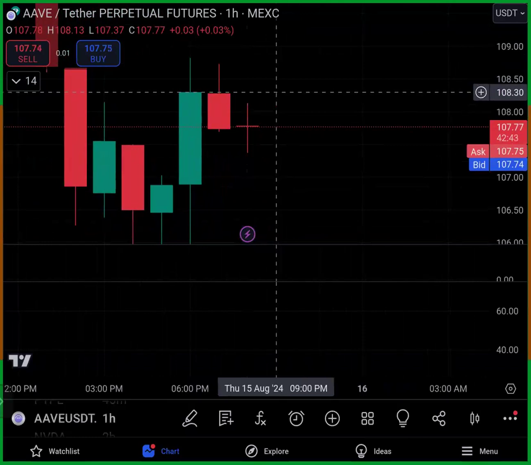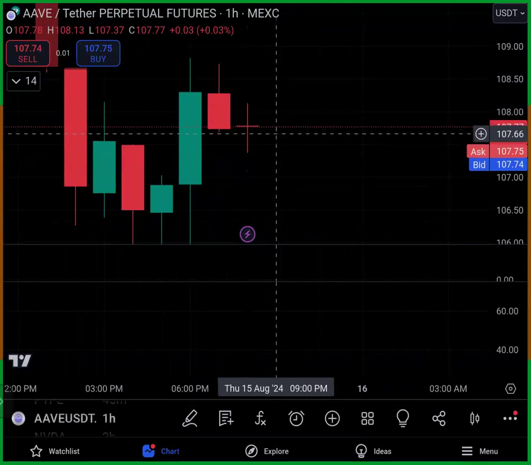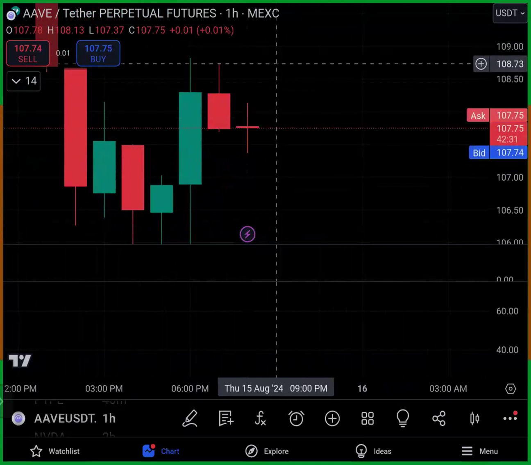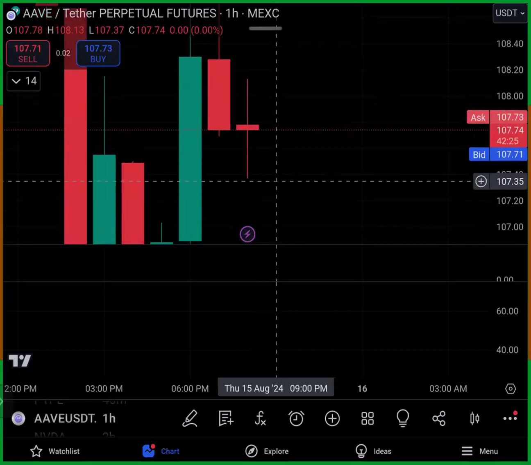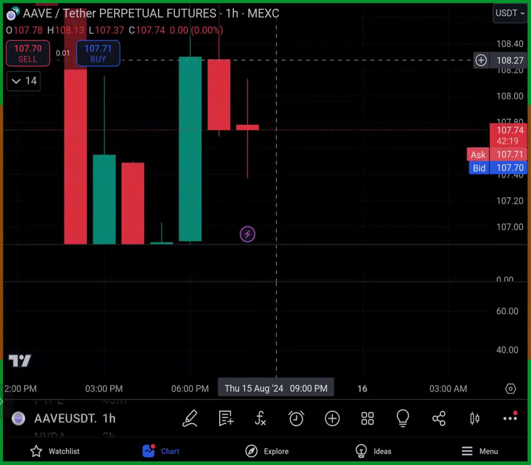Right here's where it opened, and somewhere down the line there's a wick down here. It went down there, and somewhere down the line, this was the highest point that it went. This is the lowest point that it went, because there's a little wick over here. So red candles open up from the top.